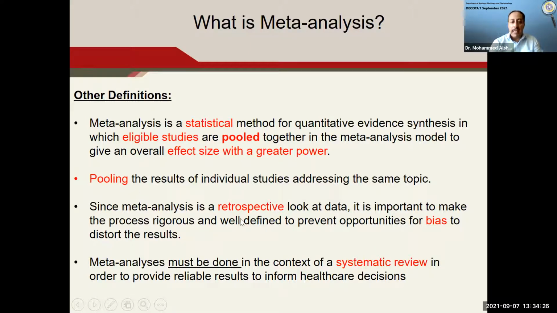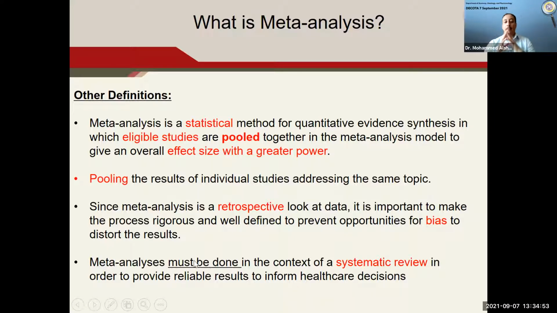We combine all the data. Since it's retrospective, in this case we can reduce the bias by excluding those studies with high risk of bias, or if the study has problems with validity. This is actually the good thing about the final conclusion of meta-analysis. While for a research study, we cannot do that because otherwise you have to repeat your experiment.